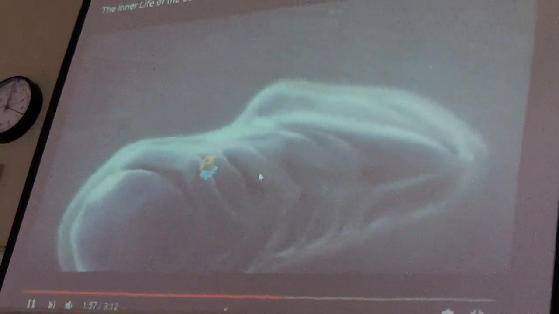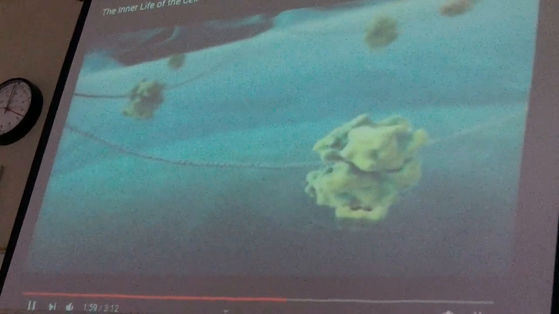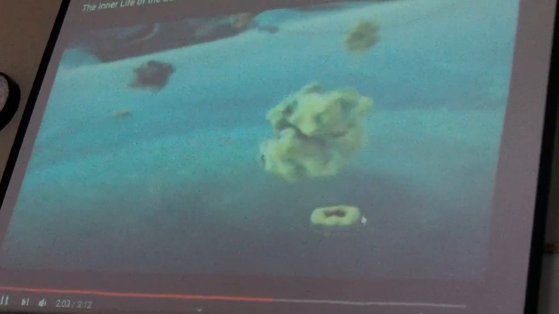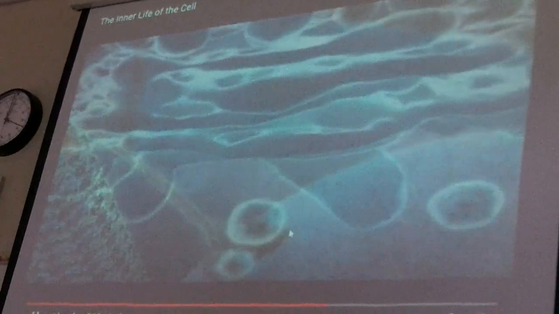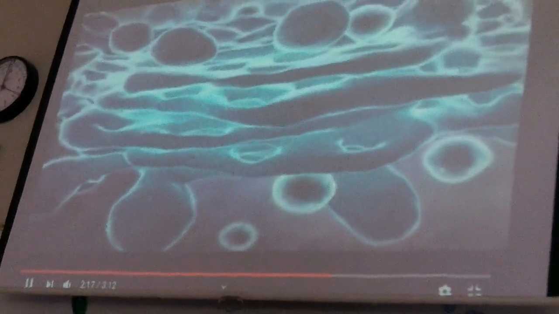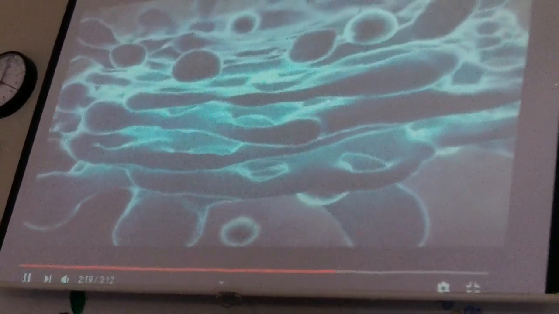There's a mitochondria in the background. There's a ribosome squirting a protein into the ER. Leaving. That's the Golgi apparatus in the background and the vesicle being pulled by a motor protein in the foreground. There's the Golgi. Vesicle's going through it.